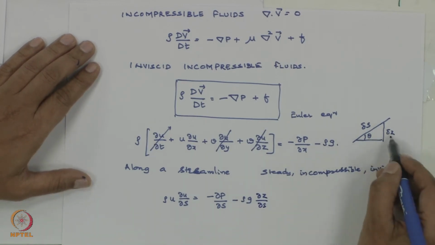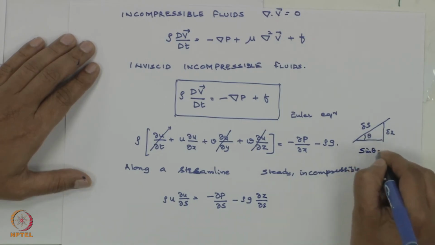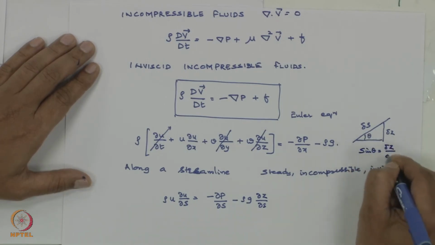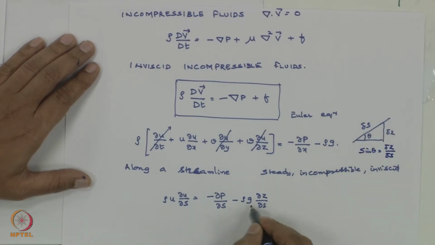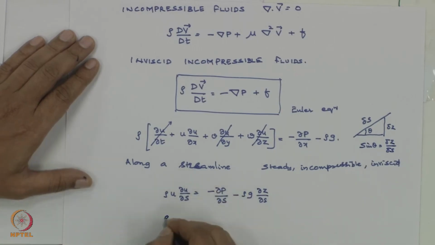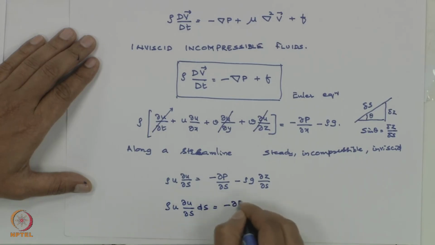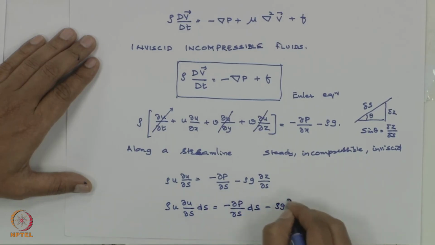Sine theta is nothing but delta Z by delta S, if you want to remember. So you have rho g del Z by del S. Let me multiply throughout this equation with ds. So rho u del u by del S ds equals minus del p by del S ds minus rho g del Z by del S ds.